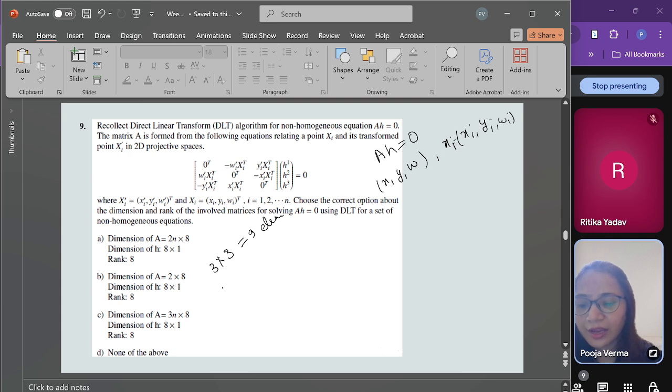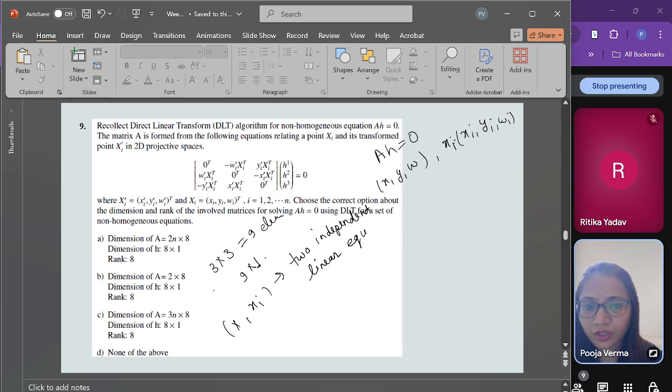Now H is a column vector and it has dimension 9 into 1. Now to determine the dimension of A, each point correspondence x and xi provides two independent linear equations. Already it is defined.